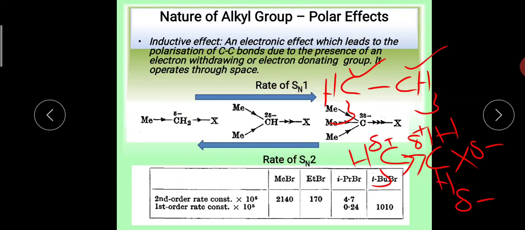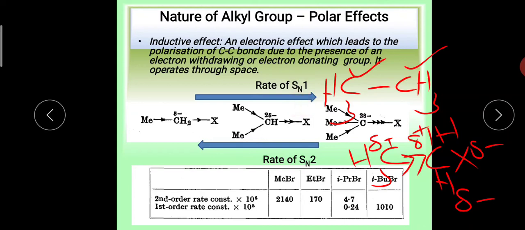So what one would predict is, if you have a carbon and a halogen bond, and this is the reaction center where your nucleophile attacks and displaces your halogen, then if this particular carbon has any group which can donate electrons to it, then this would become much more stable in nature. Okay, and you have seen in your SN1 reaction, the intermediate is a carbocation.